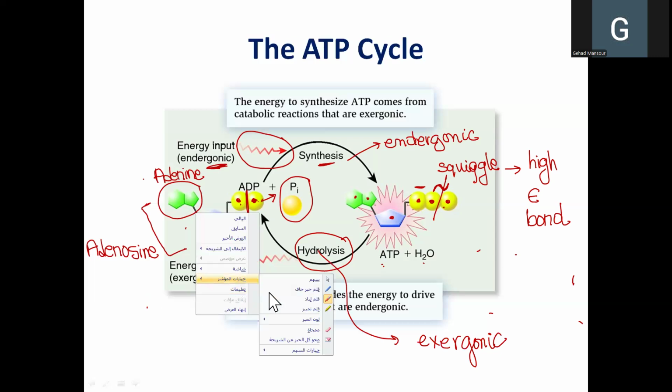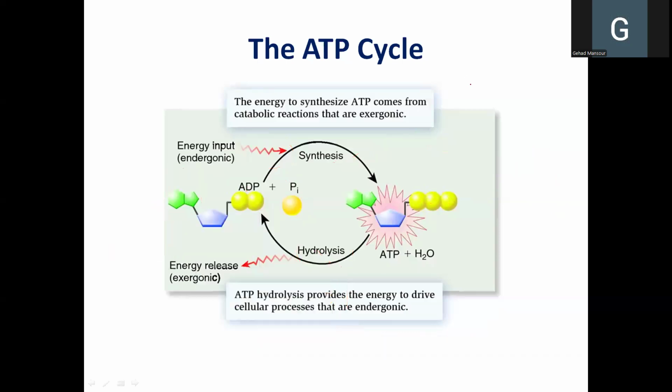And let's read the two statements that are present above and below the diagram because they are very important. So where does the energy to synthesize ATP come from? We have said that this reaction is endergonic and that we need an energy input. That energy input comes from catabolic reactions that are exergonic, meaning that whenever you have a catabolic reaction that releases energy, this energy can be utilized to synthesize ATP.